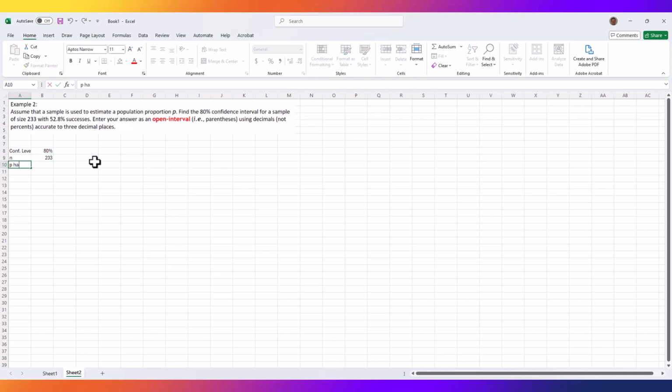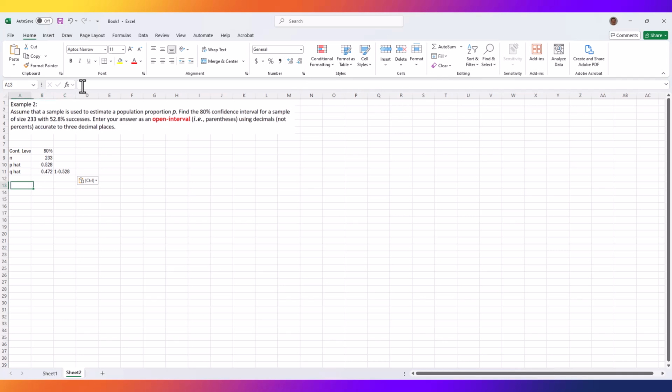P hat is coming up 52.8%, so I'll enter that as a decimal. And then from that I can find Q hat, which equals 1 minus 0.528. There we go. So, got that.